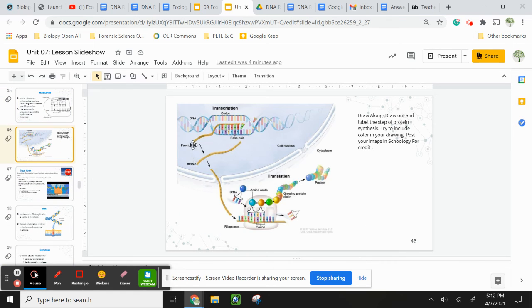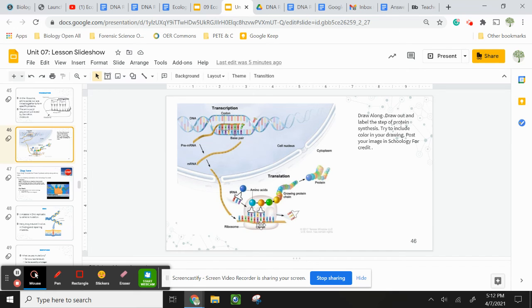Let's look at this again. Messenger RNA is created using the DNA. Once that message has been created, it leaves the nucleus and comes out into the cytoplasm to find a ribosome. At the ribosome, complementary transfer RNA are brought over to the messenger RNA and they drop off their amino acids.